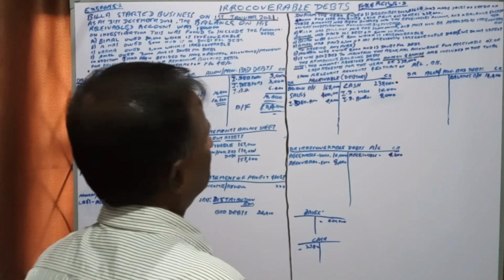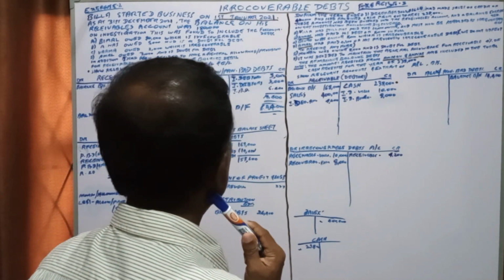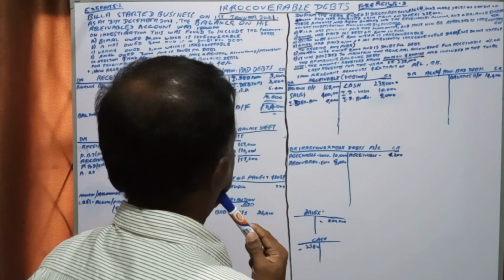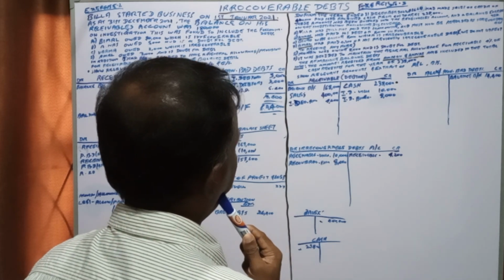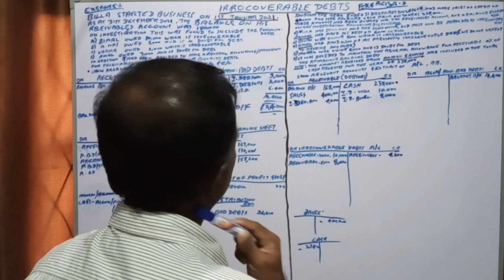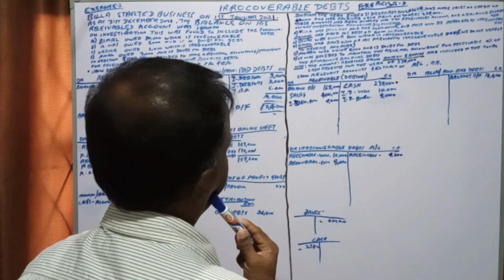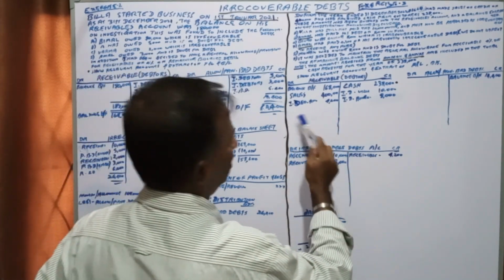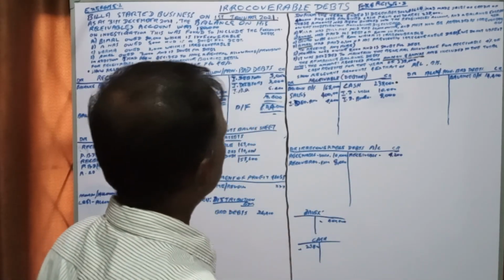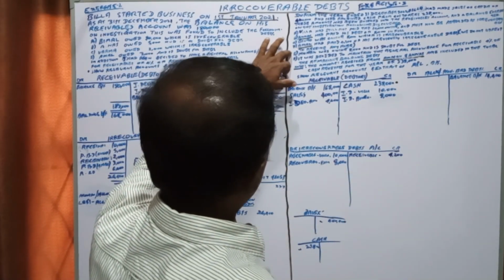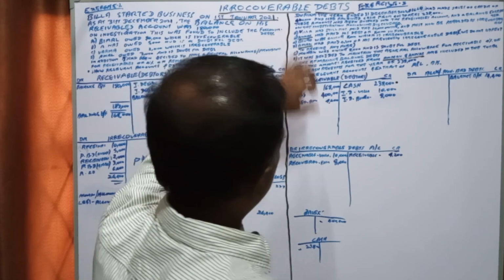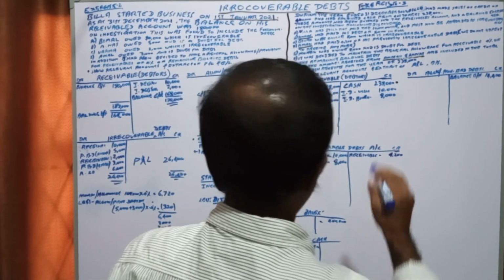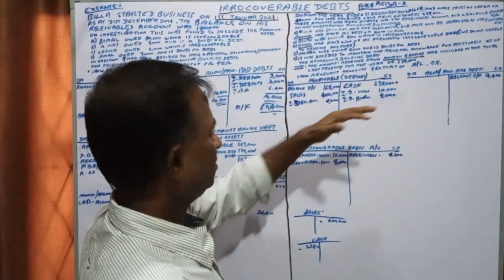Because we already had written off, we are now receiving that amount. Because of that, we have passed this entry. So for Anas normally cash account debit, debtors account credit.